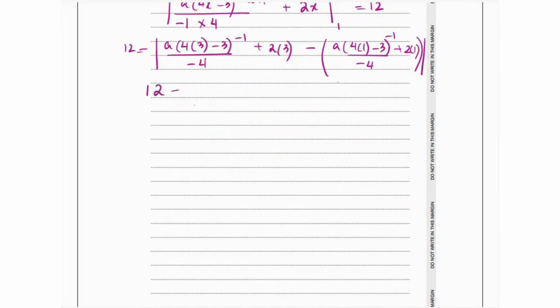That's going to be 12 equals, 4 times 3 is 12, 12 minus 3 is 9.